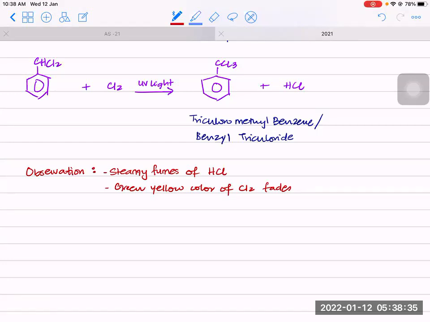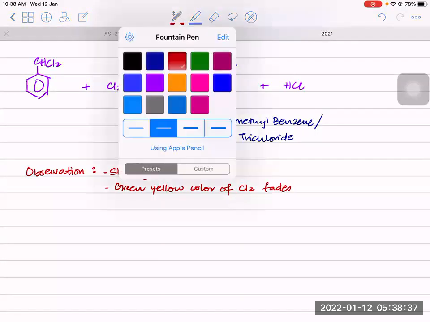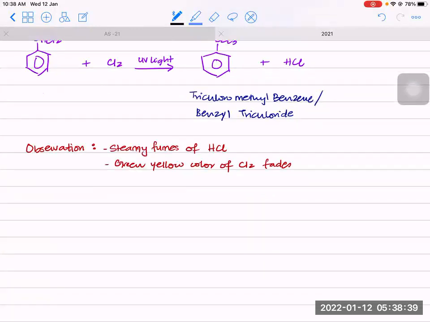Basically, what's happening here is, if we see it in terms of radicals, let's see what happens. So you remember propagation. Initiation was forming the radicals in the presence of UV light. Then we had propagation. In propagation, what did we have? Removal of an H and substituting it with the Cl radical. So you had a CH3. This reacted with a chlorine radical. I'm showing propagation.